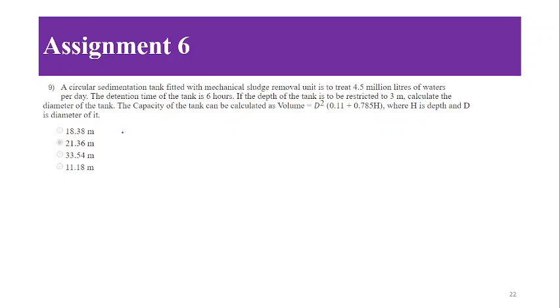So here we know theta, which is the detention time. We know the relation for volume, and we know the flow rate.